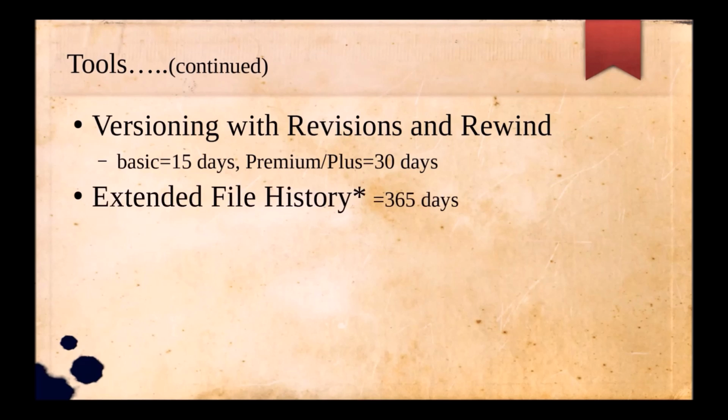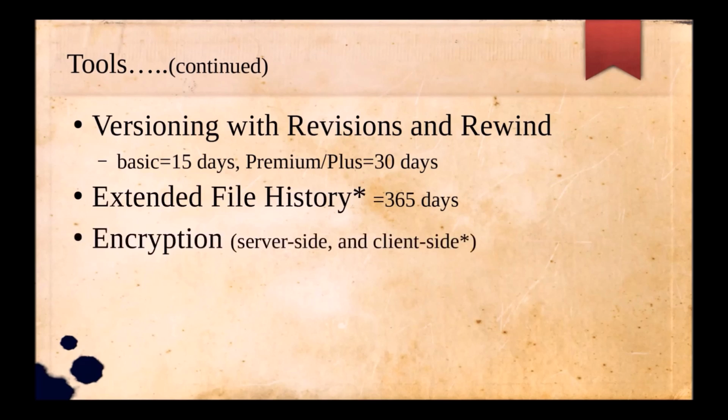However, if you feel that you need to have access to even more, you can subscribe to extended file history and get up to 365 days. And that's a fee of about $80 a year. But that is dependent upon how important it is that you get to a file 6 months, 8 months ago.